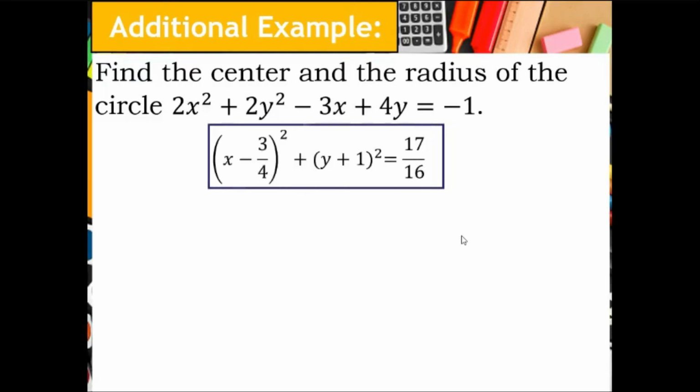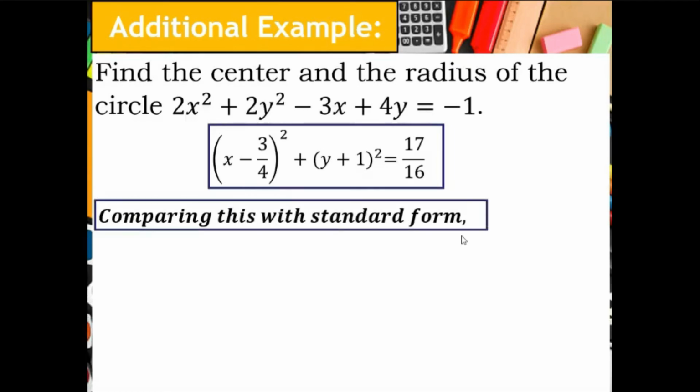And we will have the square of x minus 3/4 plus the square of y plus 1 equals 17 over 16. Comparing this to the standard form that we have previously learned, we can clearly see our center and our radius in the given.